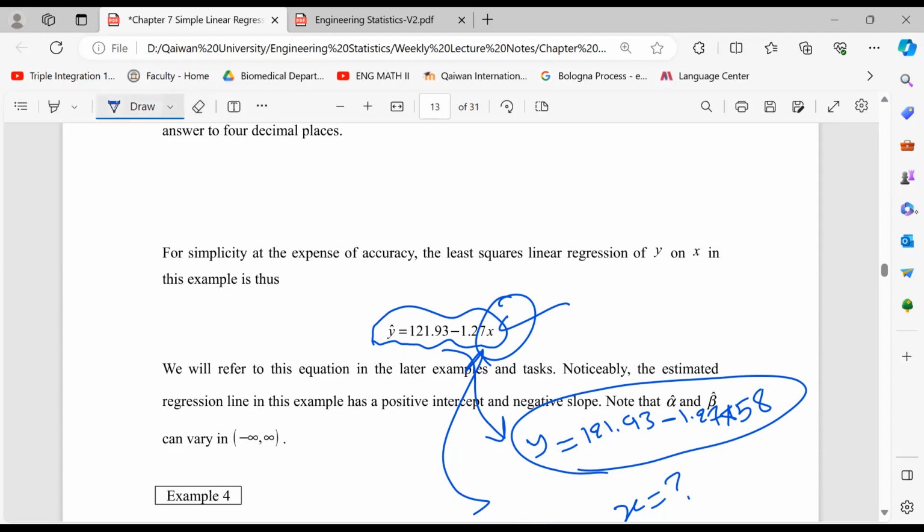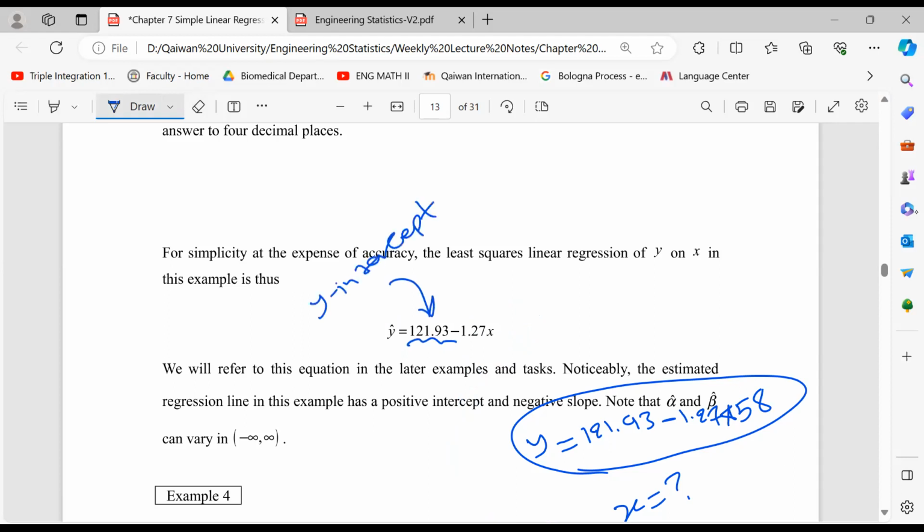I mean 121.93 and also 1.27. What are these? 121.93. This is the y-intercept. Okay? It's the y-intercept.